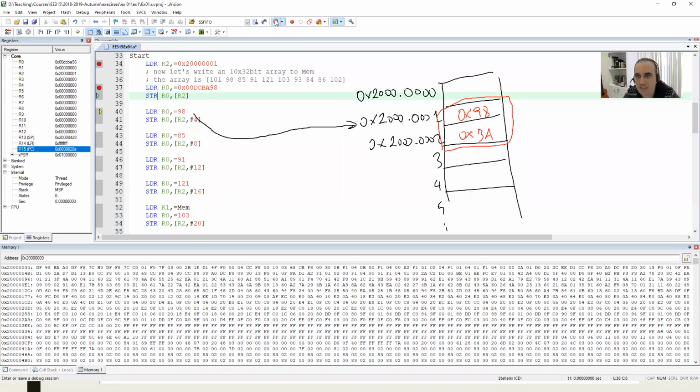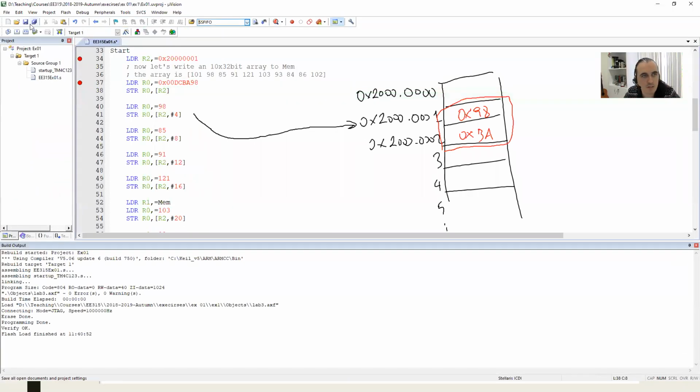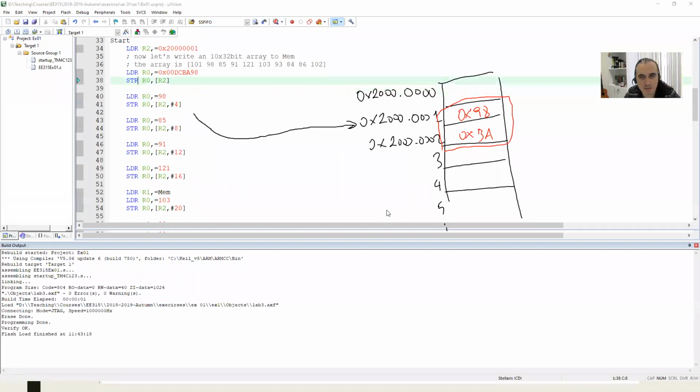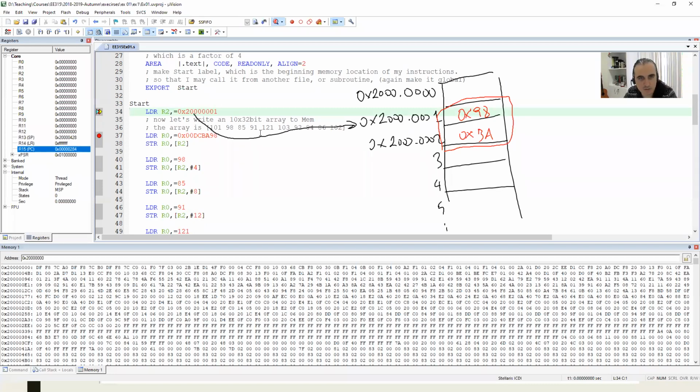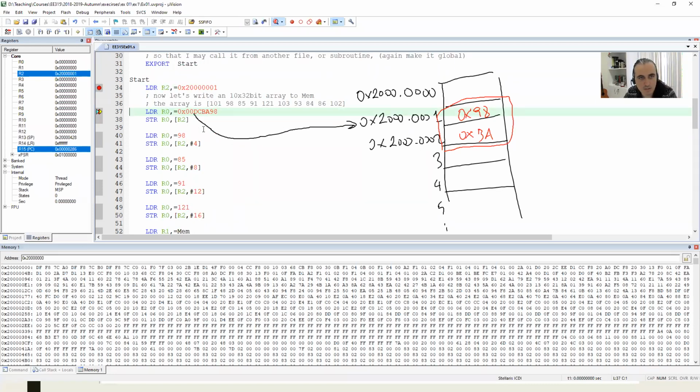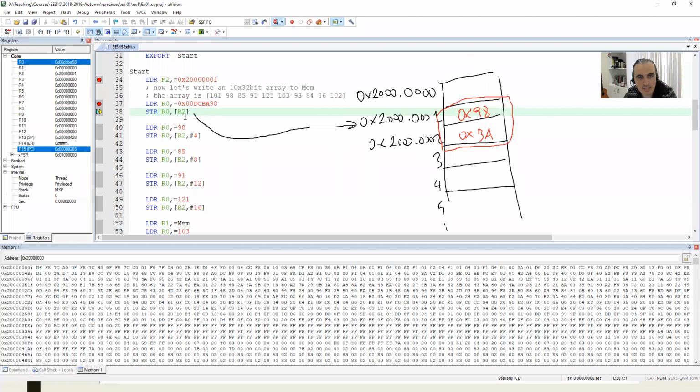Let's do the same example using STR this time. I've changed the code, so I'm loading it and running it again. Let's see what's going to happen.